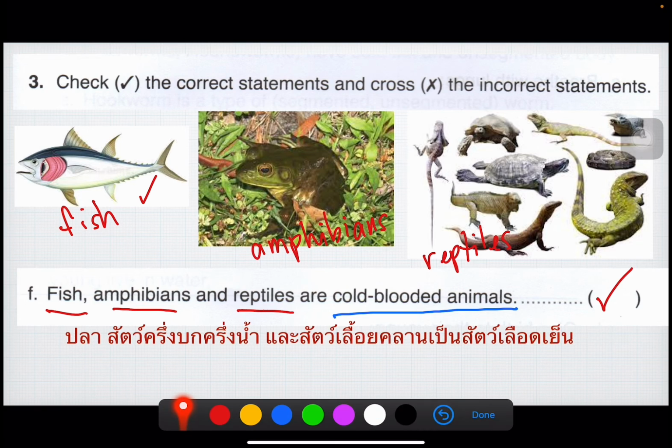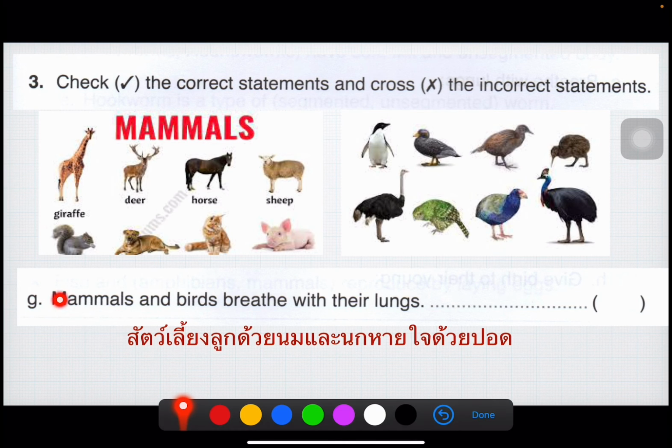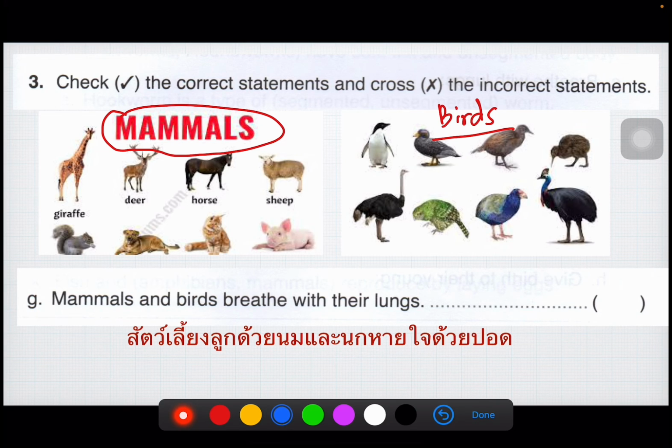Next. Mammals and birds breathe with their lungs. You can see in the picture, these are mammals and these are birds. Is it correct? Yes, it's correct.